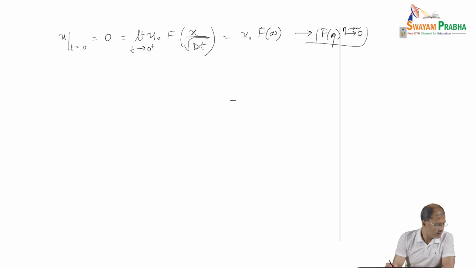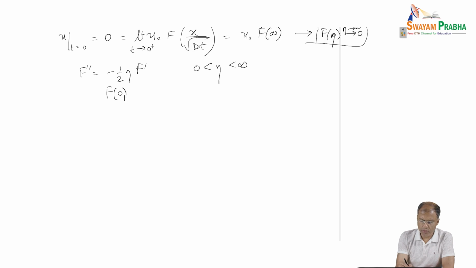If we do that, so now the problem is f double prime is equal to minus half eta f prime, and eta now is between 0 to infinity, with f of 0 is 1 and f of infinity is 0.